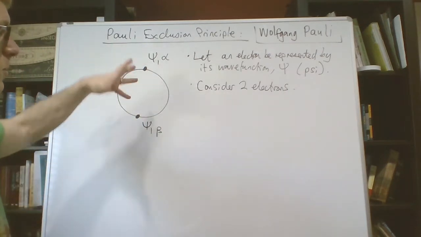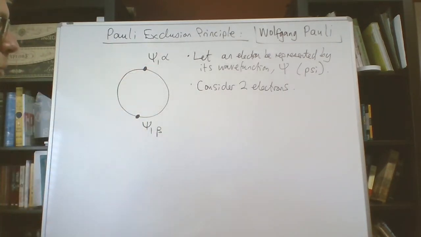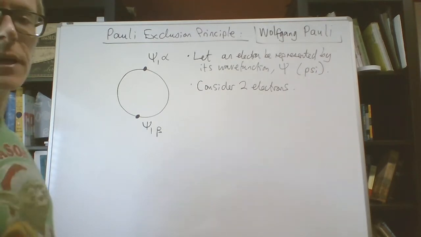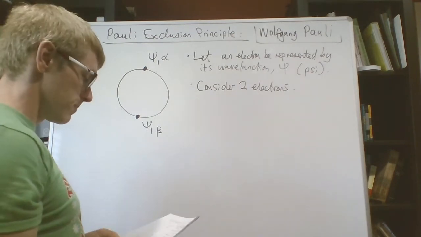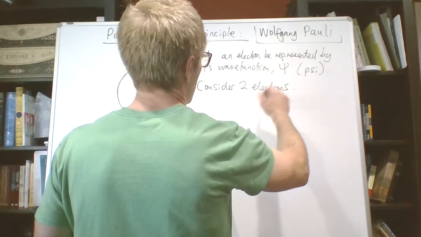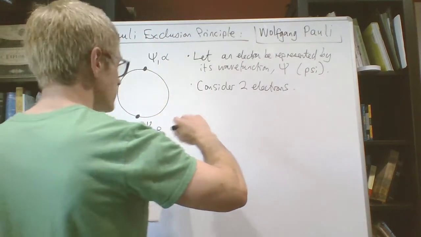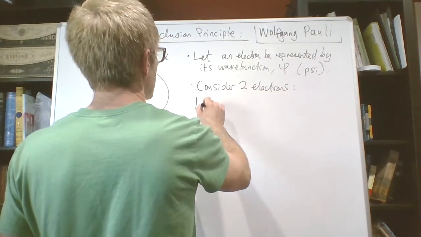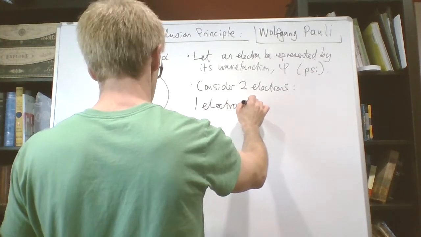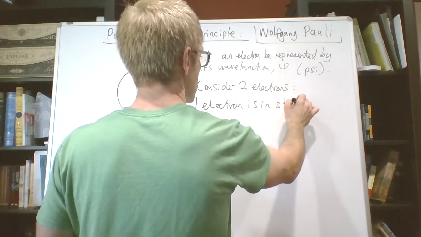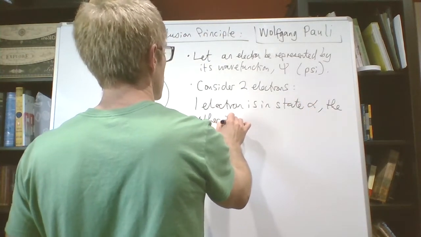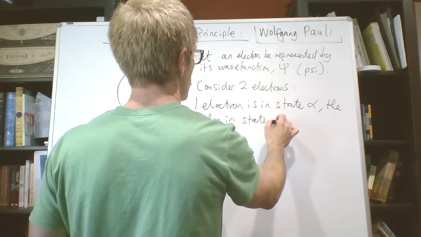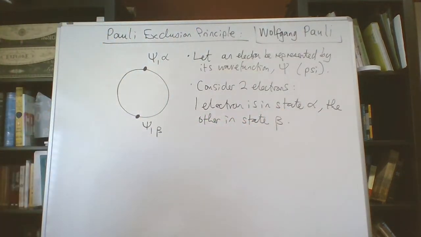So this could be an atom, it just could be a locality, but they have to be next to each other. They have to appreciate each other as there. So consider two electrons. One electron is in state alpha and the other is in state beta. So this is our diagram here to orient you if you're unfamiliar.